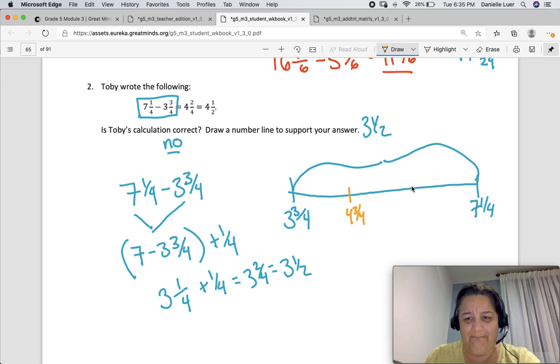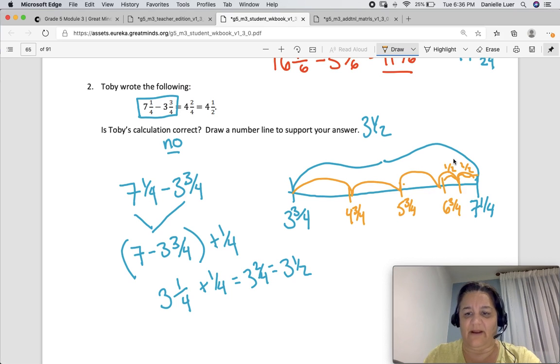This would be 5 3/4. It's 1, 2. This would be 6 3/4. And then that would be 7. And this would be 1/2 and 1/2. So we went 1, 2, 3 and a half and a half.